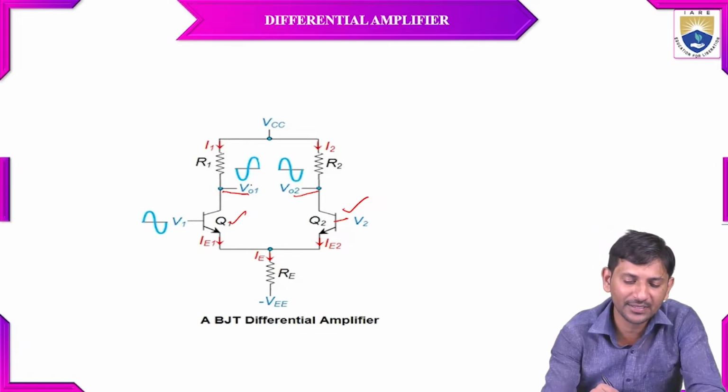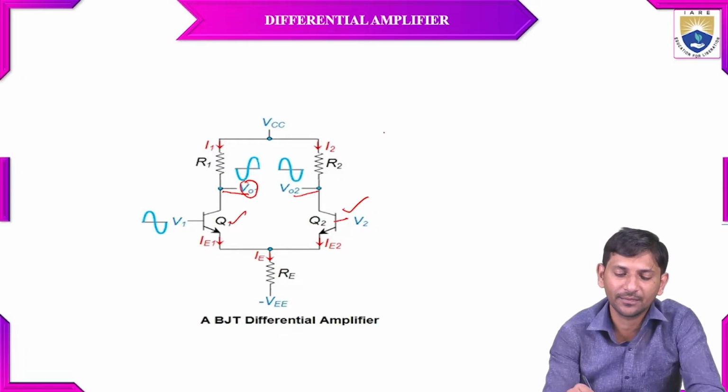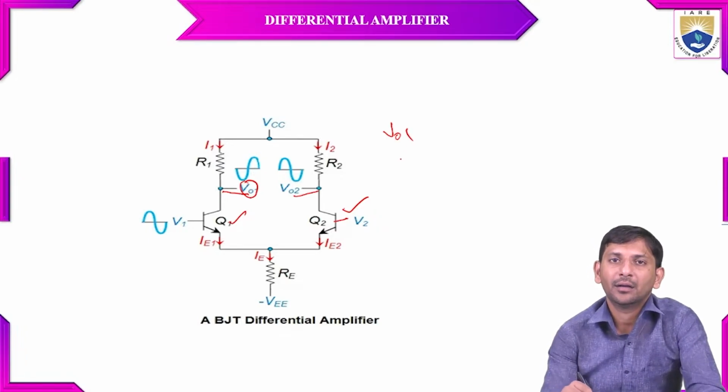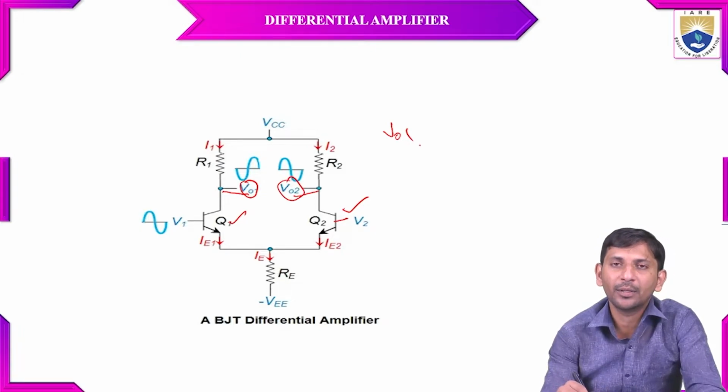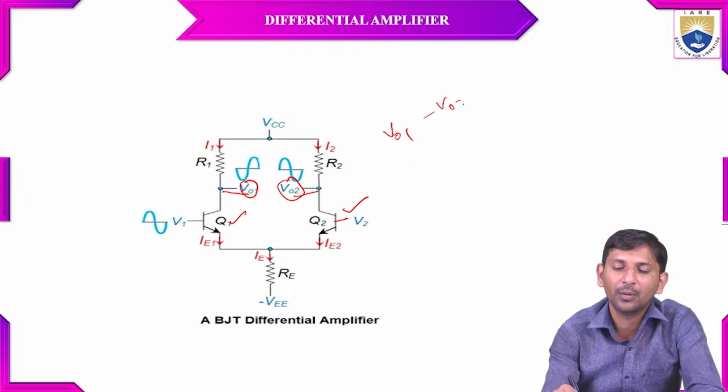V01 is the voltage across the collector resistance of Q1 and V02 is the output voltage across the collector of Q2. So the output voltage gives the difference between the two applied input voltages.